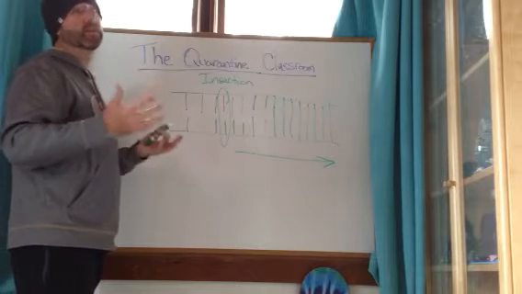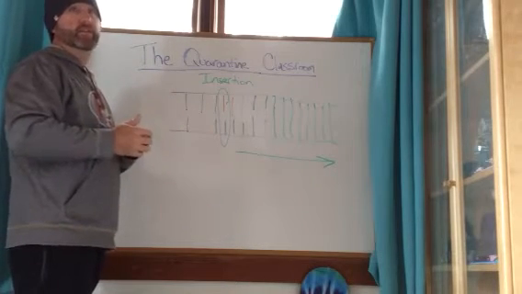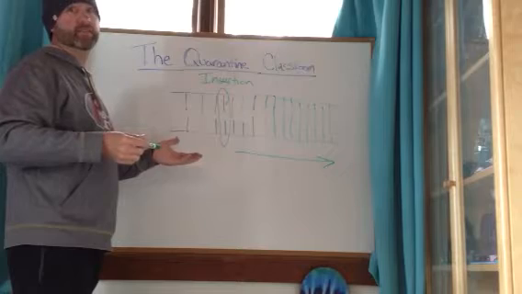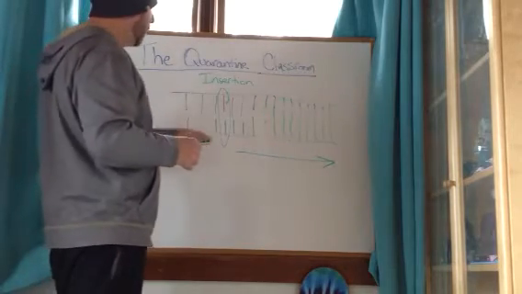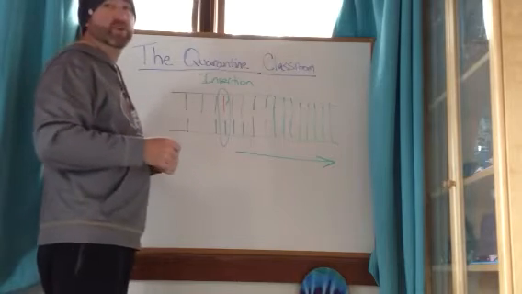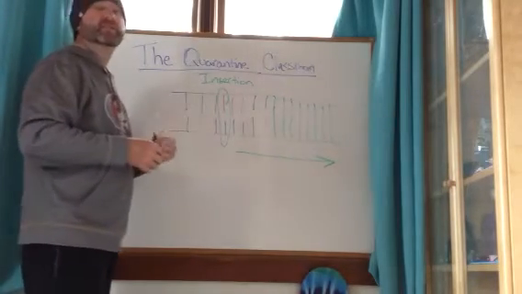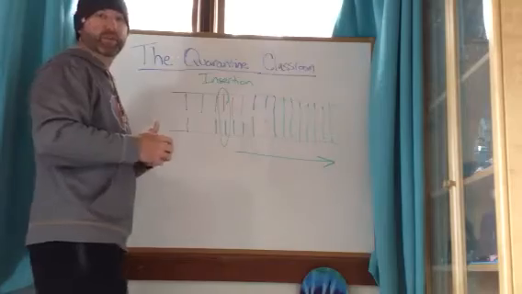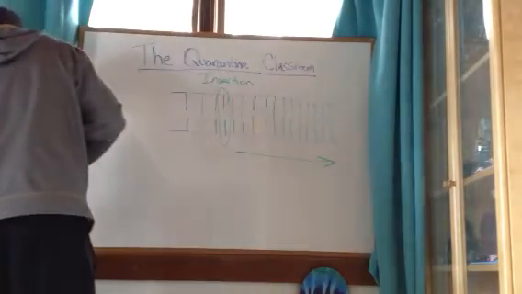Now, how does protein production play a part in this process, right? Why does this change our protein production? Why does deletion change our protein production? Why does substitution change our protein production? Let me show you why.